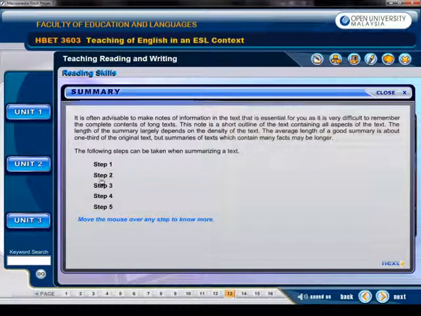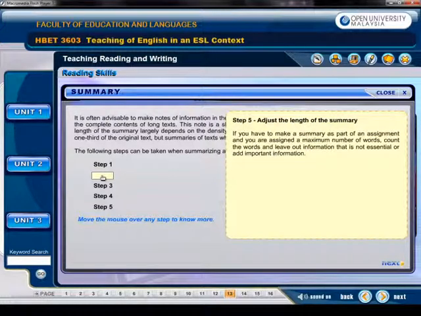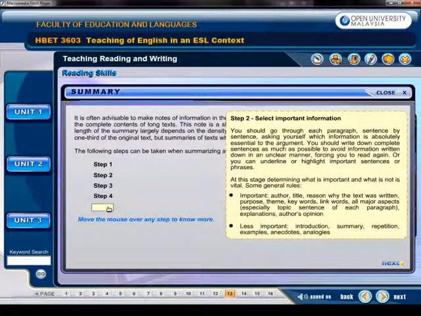Step 2. Select important information. You should go through each paragraph, sentence by sentence, asking yourself which information is absolutely essential to the argument.